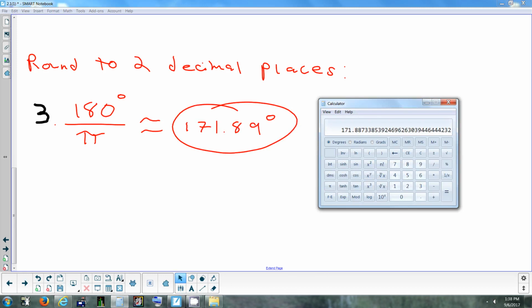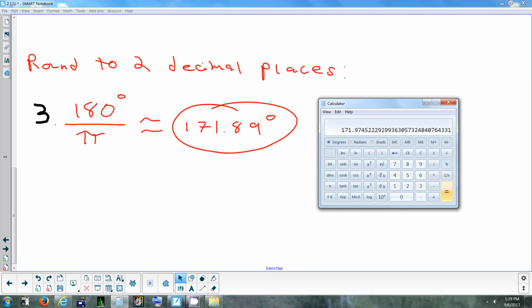So 3 times 180, again, that would be 540. And divide by 3.14. So instead of 171.89, I get 171.97. Well, 171.89 and 171.97, it's not really that close, depending on the accuracy you're looking for. On a test, if you had like 171.88, that's pretty close, but 97 versus 89 is too far off. So make sure you always use the pi button.